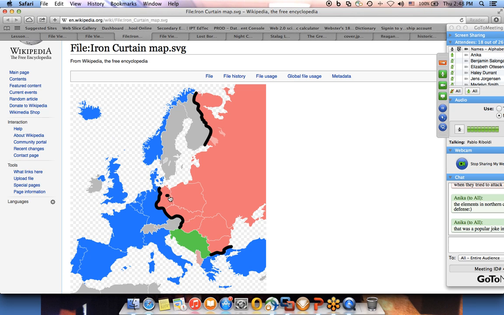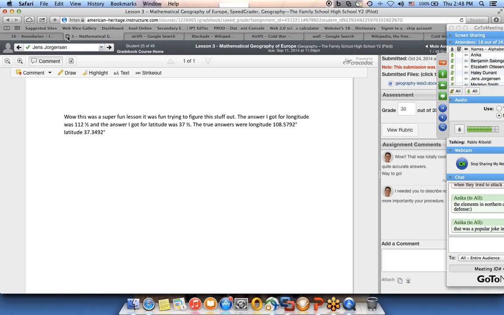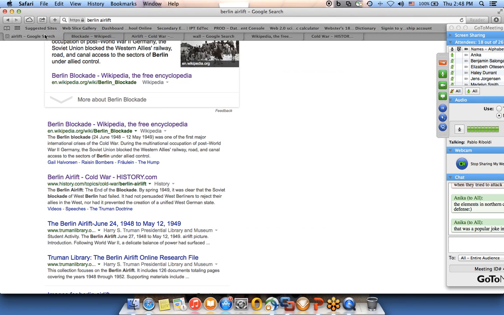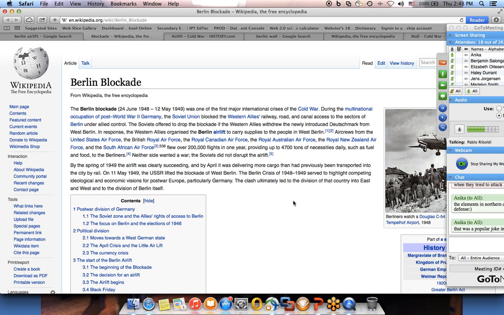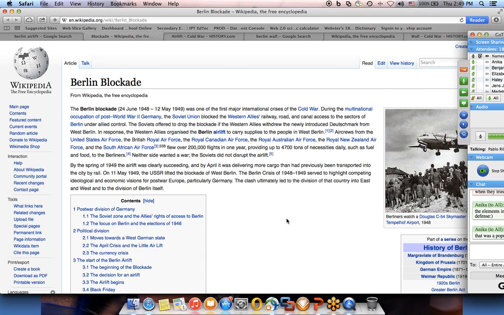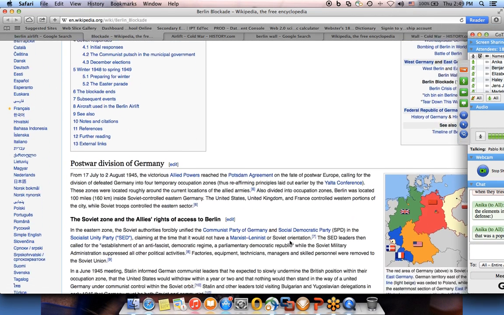The city of Berlin, which was in the eastern part of Germany, was itself divided, and provisions had to be supplied to the city. The Soviets put a blockade on the city of Berlin and didn't let anything come in or go out.